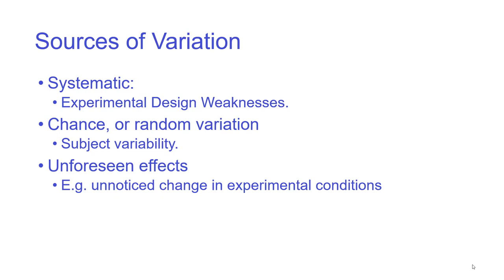Another thing is chance or random variation. That can depend on the day of the week and the bad luck of the particular person. And then there's unforeseen effects, things that you couldn't have anticipated.